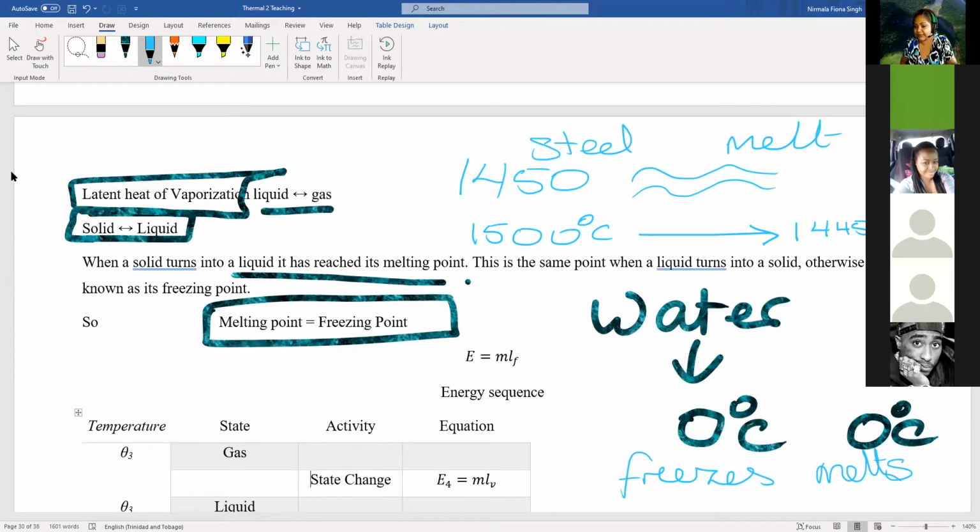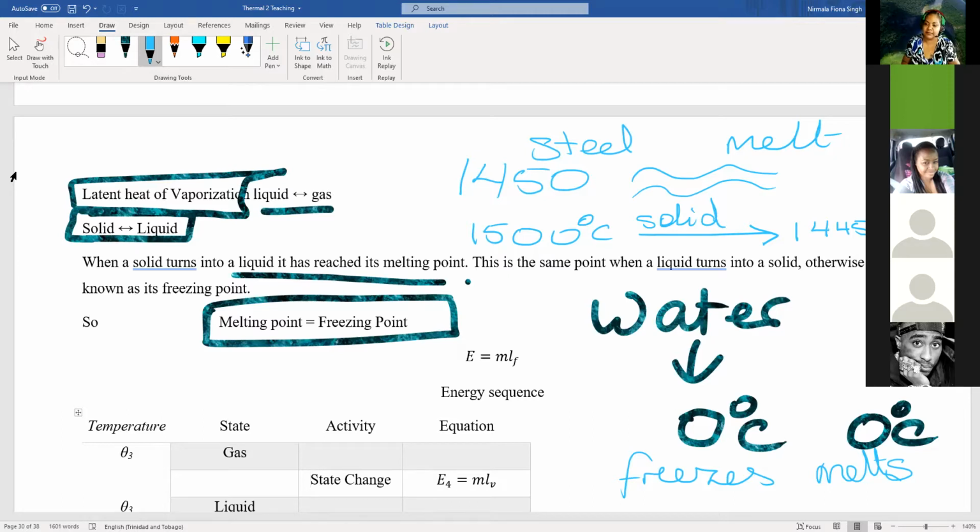It has lost heat and it's now going to start to turn to a solid. And according to the definition, anytime a material goes from liquid to solid, it freezes. Freezing has nothing to do with getting cold. Freezing simply means that we have turned our liquid bonds into solid bonds.